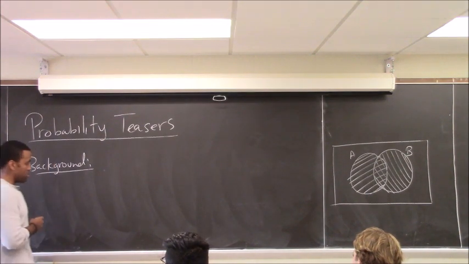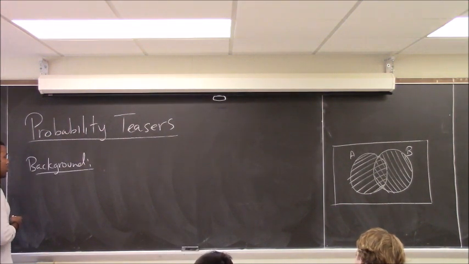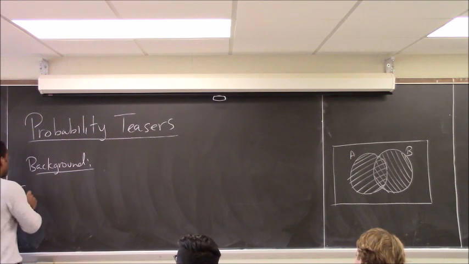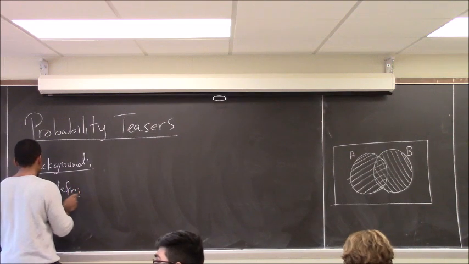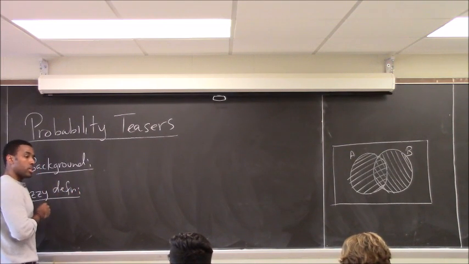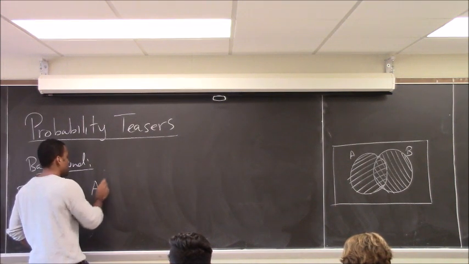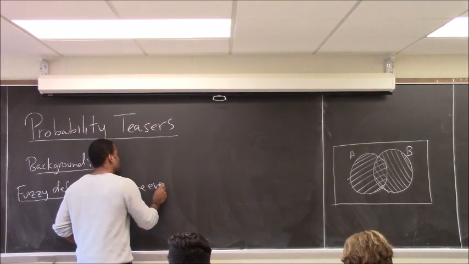Maybe the people who haven't done probability before as well, just to make it a little bit more interesting, a little bit more fun. Let's talk about a fuzzy definition of probability. We'll make it more precise later on. What is a probability? So let A be some event, right?